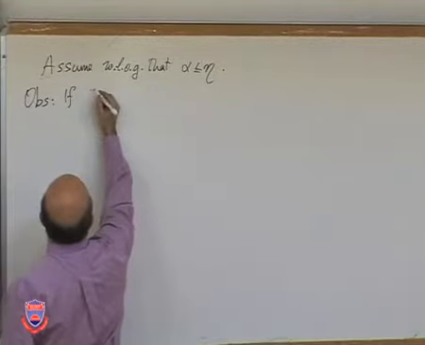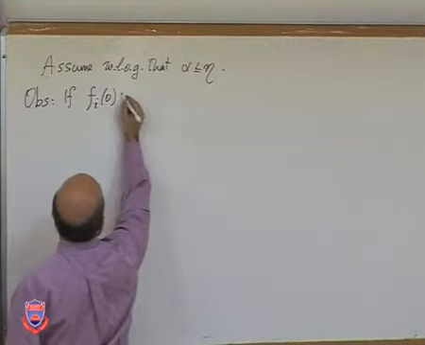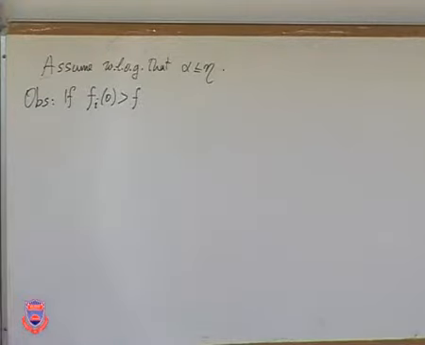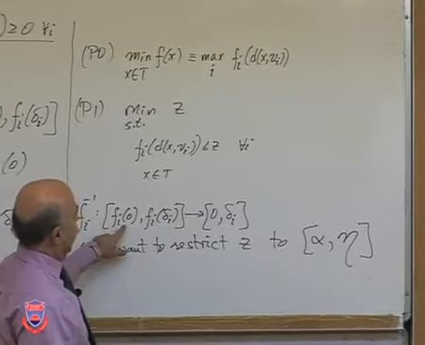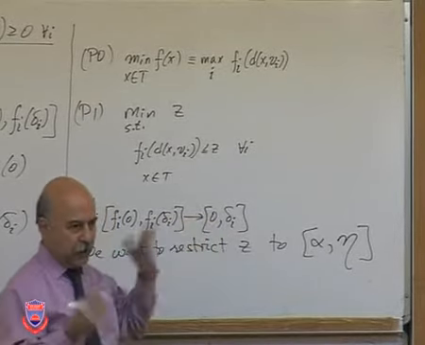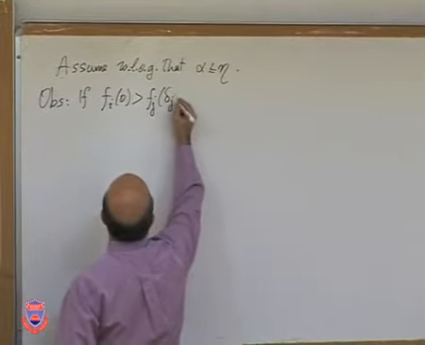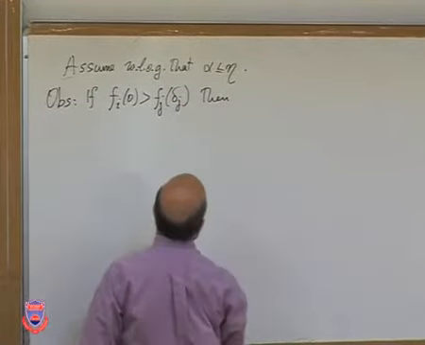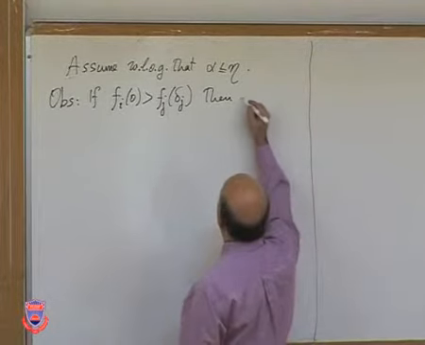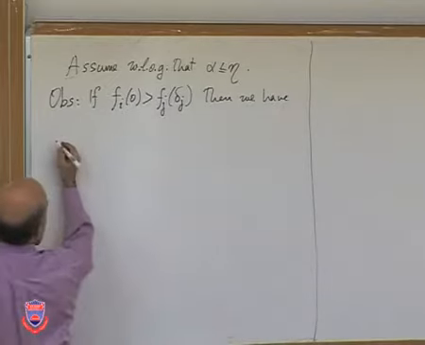So if, say, Fi(0) is greater than Fj(delta j), this simply says that all Fi(0)'s are less or equal to all Fj(delta j)'s. That's what it says. But if this is not the case, then you're going to have this situation. Then we have the following.